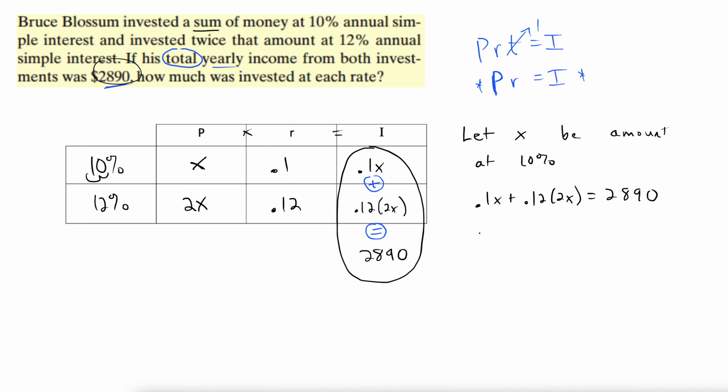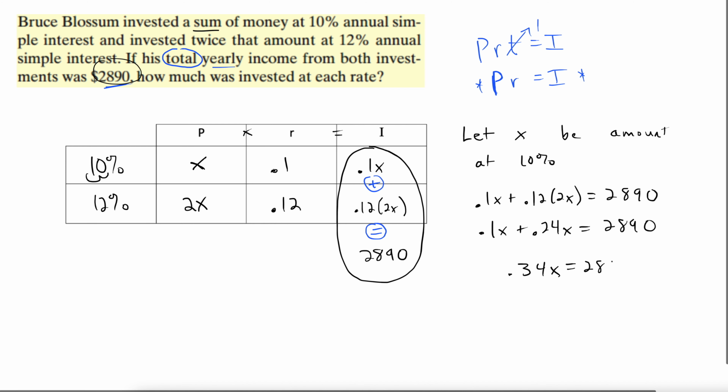Let's focus on this. 0.1x, 0.12 times 2 is 0.24x, still equals 2,890. 0.1 plus 0.24 is 0.34x equals 2,890. Divide both sides by 0.34 to solve for x.